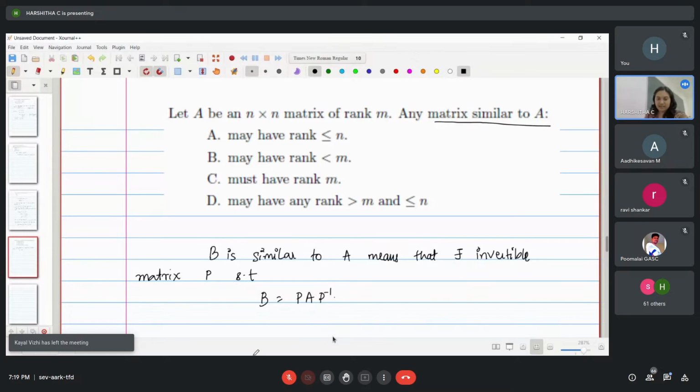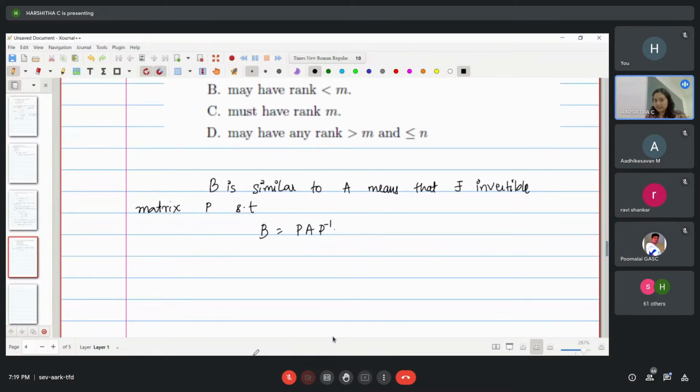Okay, let me finish this question first. Whatever you said, the observation is right. If two matrices are similar, their characteristic polynomials will be the same. That is easy to see. What is the characteristic polynomial of A?